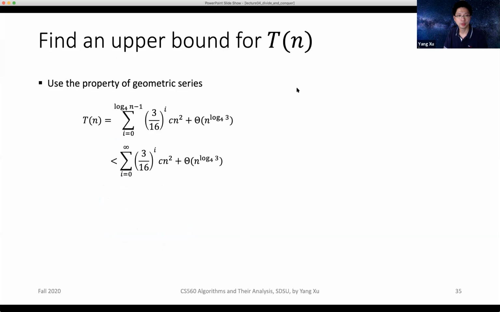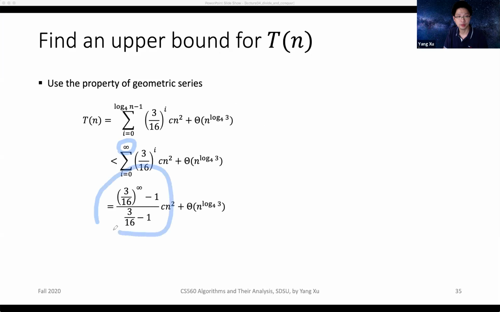So we need to utilize the property of geometric series, because our summation is always bounded by the infinity value of the geometric series, since our inputs cannot be infinitely long. So let's compute the infinity of this summation here.